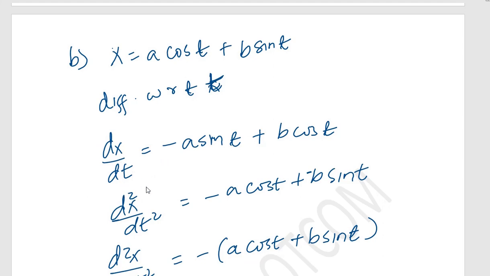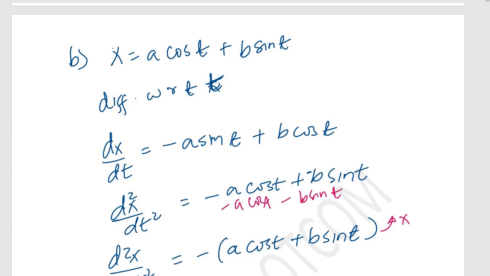I look for the second derivative, d2x/dt squared, is equal to, now I differentiate this with respect to t, minus a cos t, plus the derivative of the cos is a sine, so it will be minus b sin t. So when I look at this expression, minus a cos t minus b sin t, if I factorize out the negative 1, it will be a cos t plus b sin t, and this we can take to be our x, which is given here.